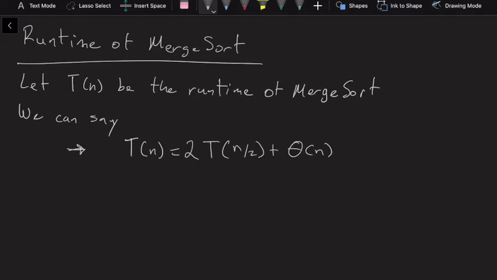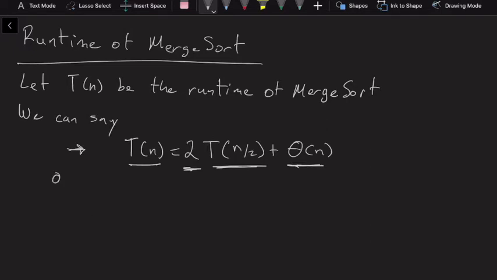We're going to write the runtime of each one of these algorithms with a recursion. So we're going to have that T of n is equal to 2 computations of something that is half the size, plus some amount to combine them.